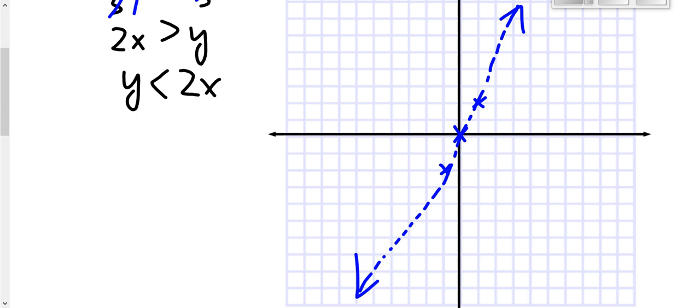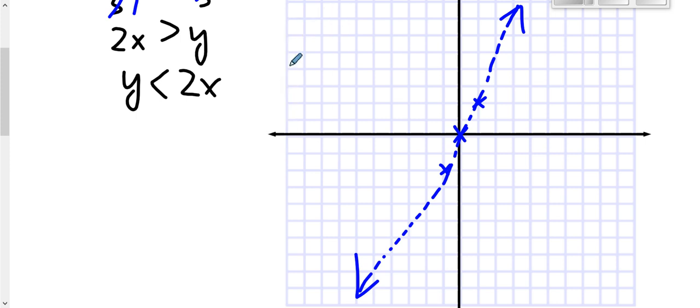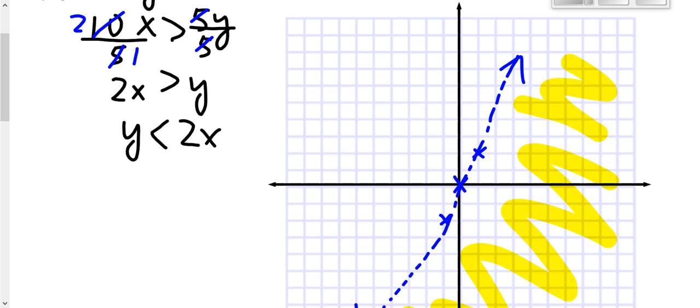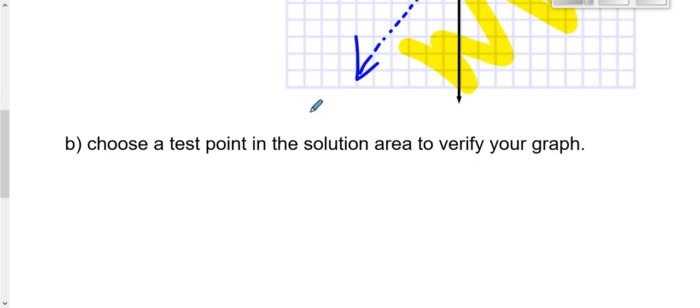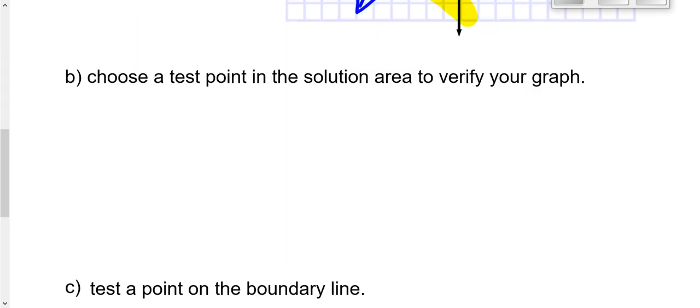So since we have less than, therefore we shade the region below the graph, all the way to infinity. Okay, this one keeps going on and on. Same thing down here.